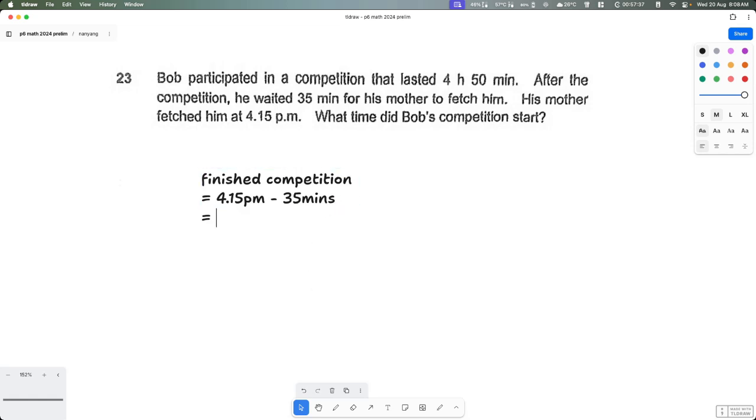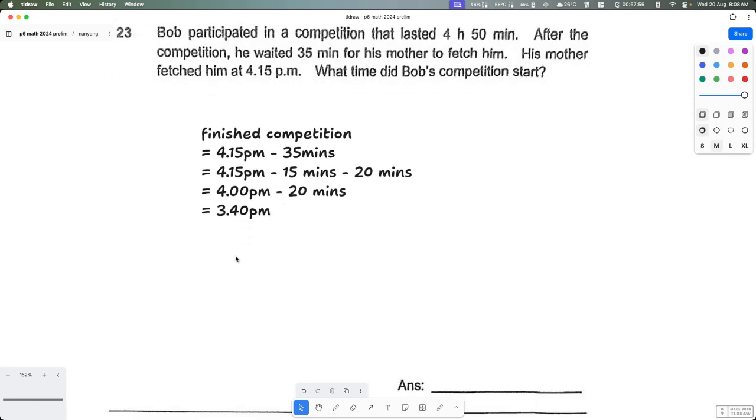So it's equal to 4:15 p.m. minus 15 minutes minus 20 minutes. That means it's 4 p.m. minus 20 minutes, which is equal to 3:40 p.m.